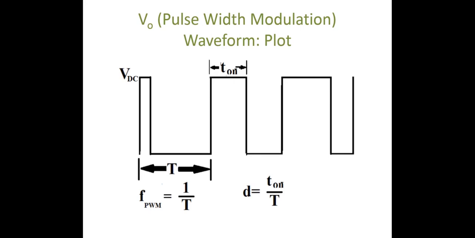So V naught will also basically be a PWM voltage, and the time period of V naught will be the same as the time period of the initial PWM waveform. Similarly, the duty cycle of V naught will also be equal to the duty cycle of the PWM waveform, which is controlling the transistors T1 and T2.